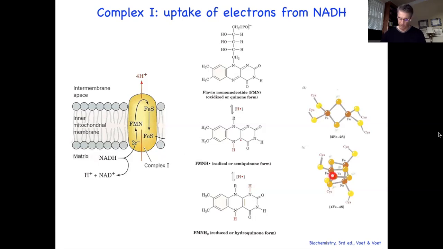And then you can also build this in a cubic arrangement with 4 irons, 4 inorganic sulfurs, and 4 cysteines, right? And these different iron sulfur clusters turn out to be really great ways to push electrons around, right? The electrons will happily flow into these irons and then move from position to position.